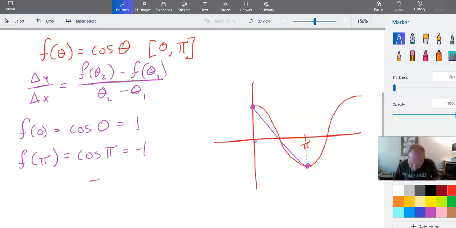So that's -1 minus 1, right? And then we need to put that over theta 2 minus theta 1, so pi minus 0. So if I have pi minus 0, well, that's just pi, and -1 minus 1 is -2, so this ends up being -2 over pi as the average slope on that interval.